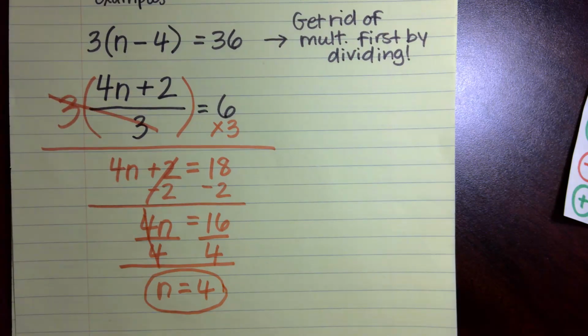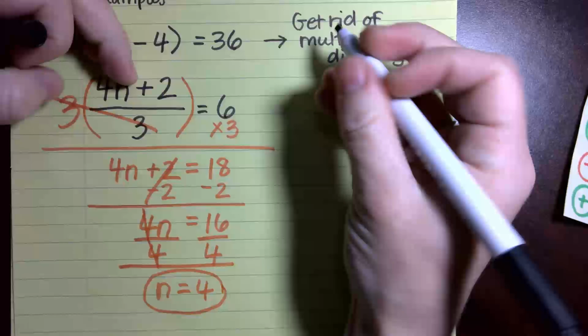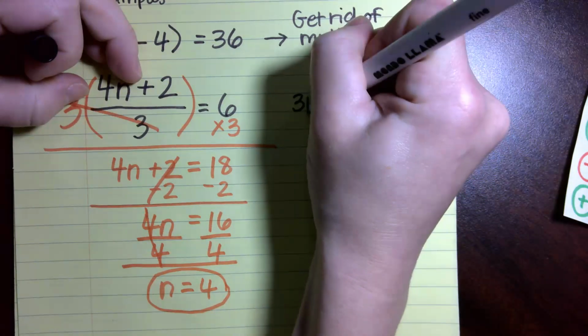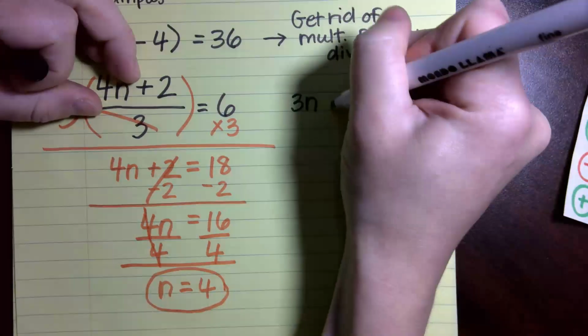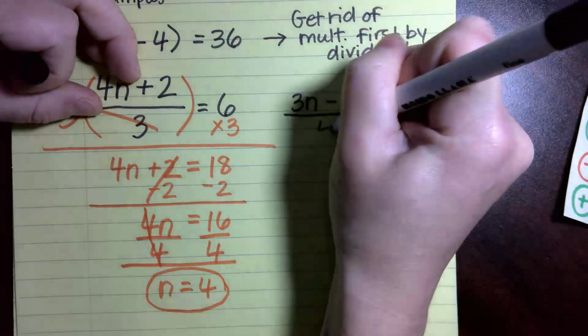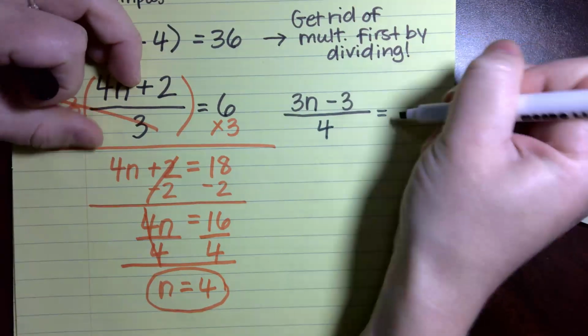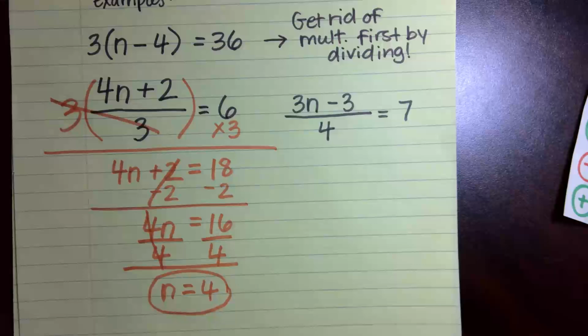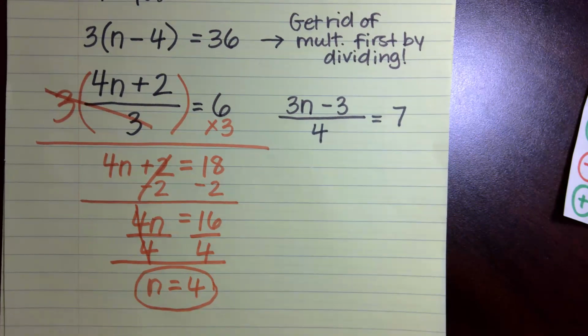What if I had 3n minus 3 divided by 4 equals 7. What would I do first? Multiply by 4.